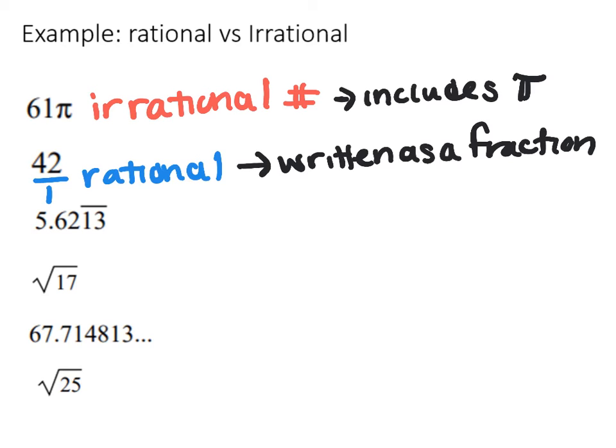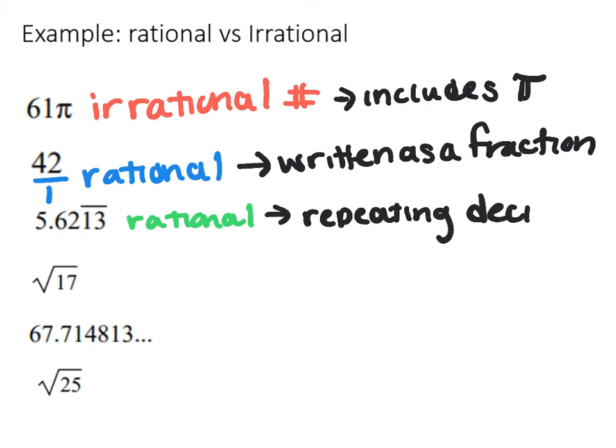0.621 with the 13 repeating is what would be considered to be a rational number, and that's because it's a repeating decimal.